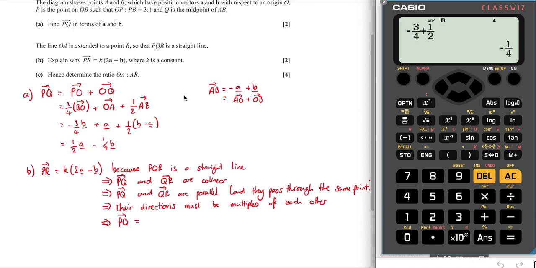is, what do I need to take out as a factor? If I were to take out a quarter, I would get 2A minus B. So therefore, PR must be some other multiple of 2A minus B, as required.